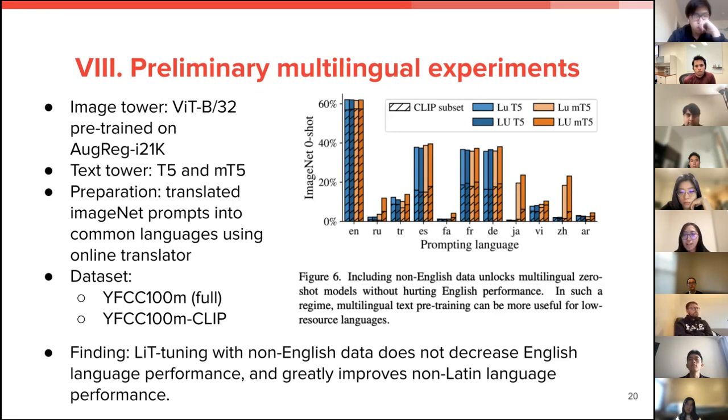But for other languages like non-Latin languages, when they are trained only using English captions, they gain only 20% accuracy. But if we incorporate all kinds of language, not necessarily its own, there's a huge boost. So basically that's the information.